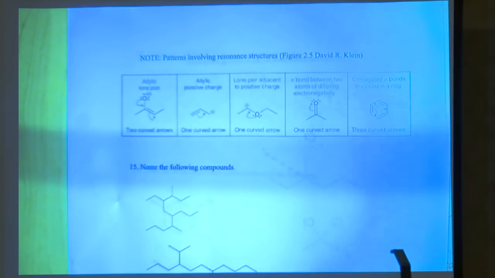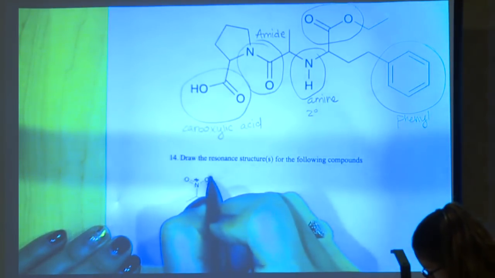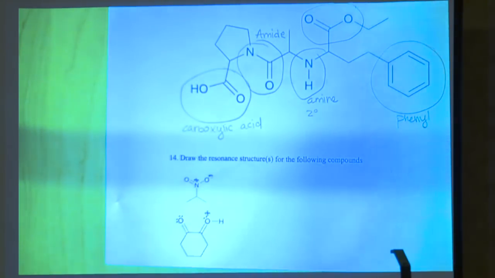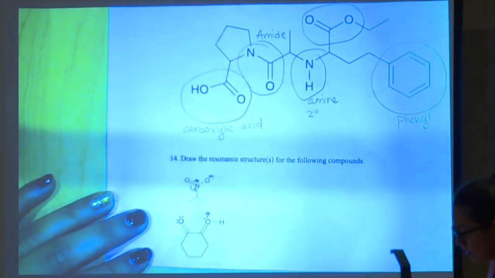Are we good? Okay. So now draw the resonance structures for the following compounds. This one has a positive. So what can I do here? So like that?